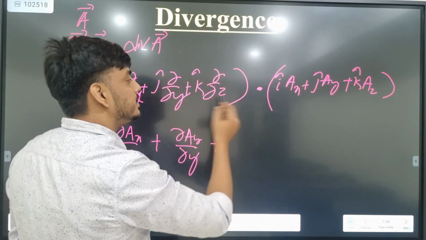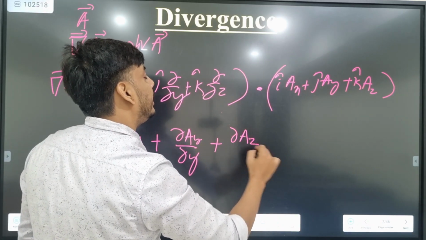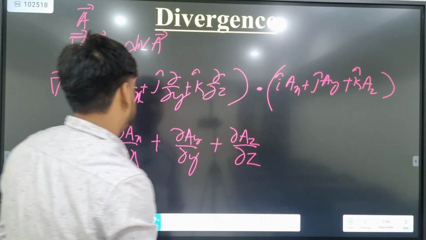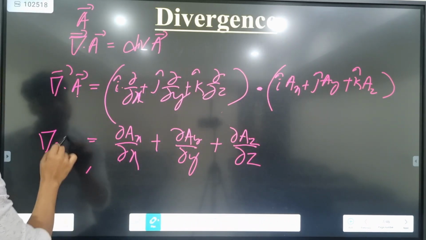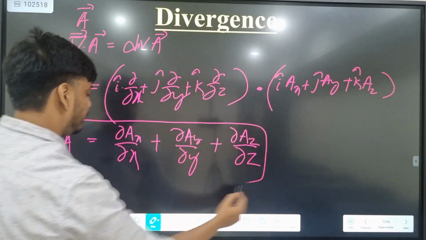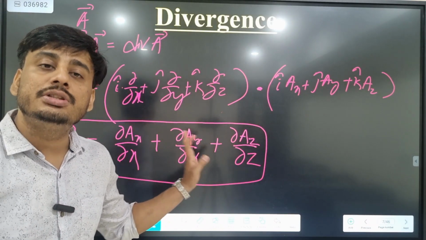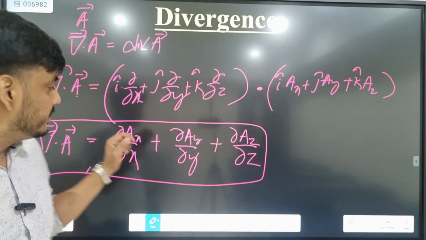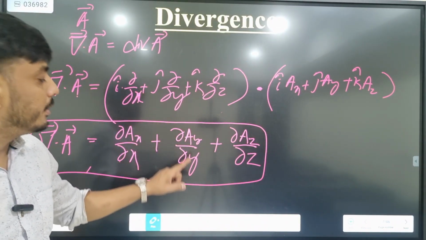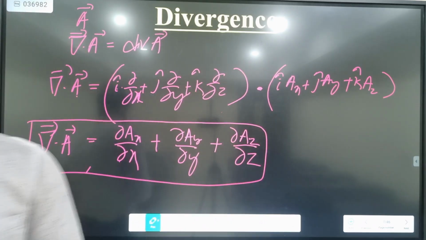Similarly, k dot i is 0, k dot j is 0, k dot k is 1, so you get del az by del z. So this is the formula we get for divergence. So divergence of any vector is nothing but the partial derivatives of its components with respect to the corresponding parameters. That means del ax by del x plus del ay by del y plus del az by del z. Clear?